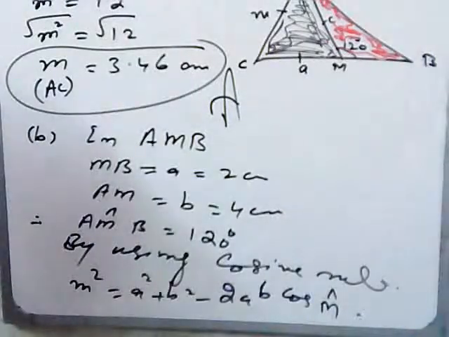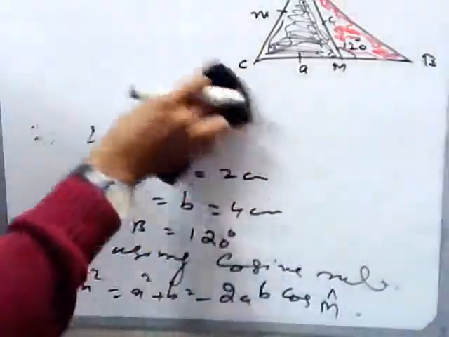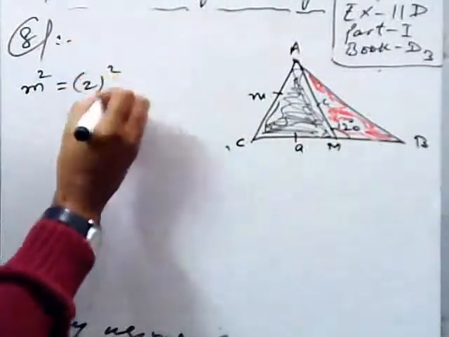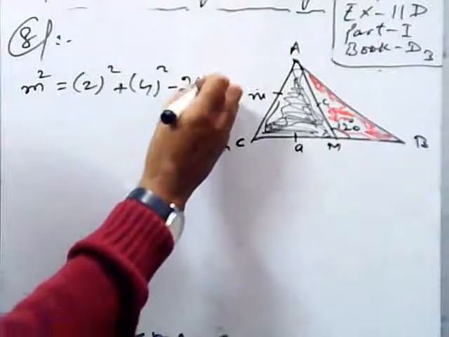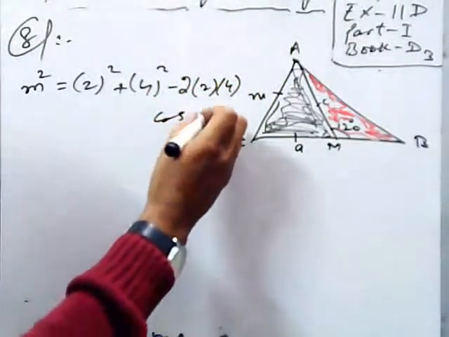So putting the values, after putting the values, m square is equal to the expression with cos 120 degree.